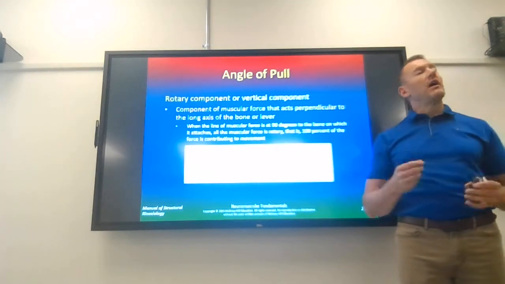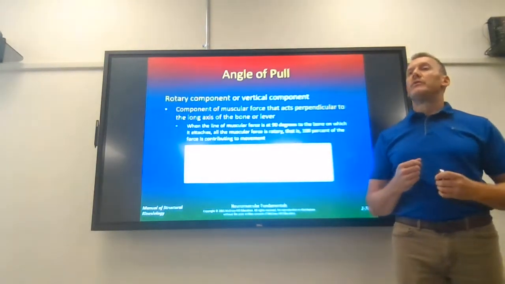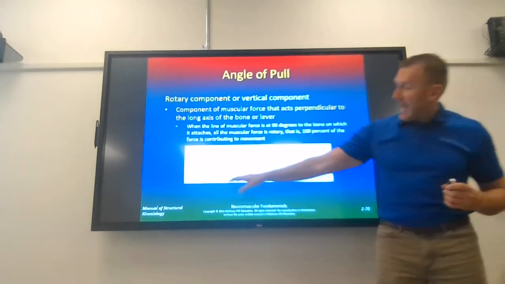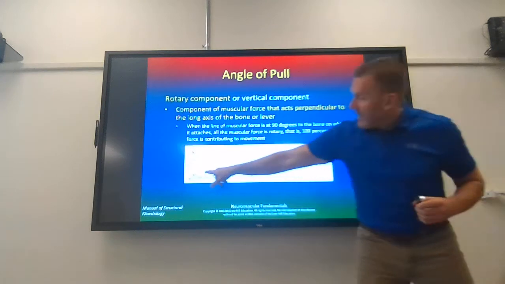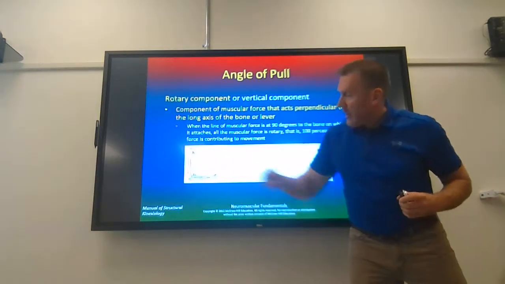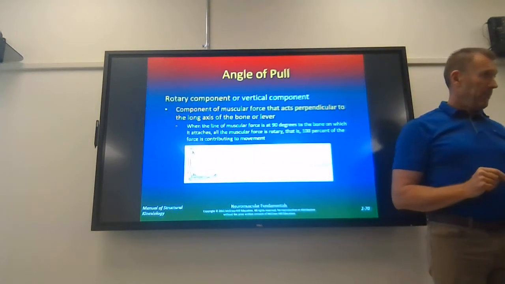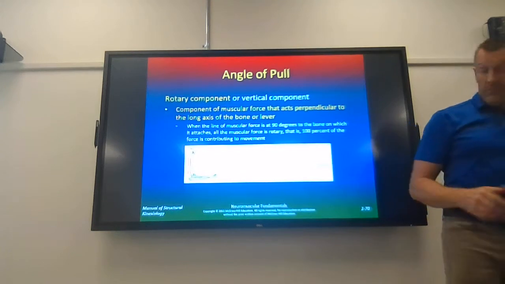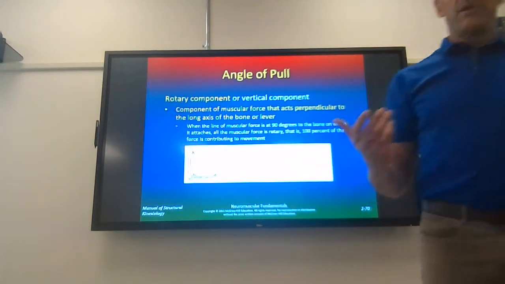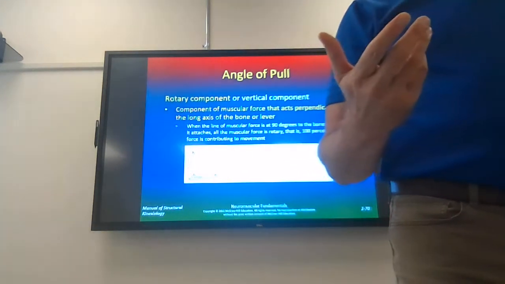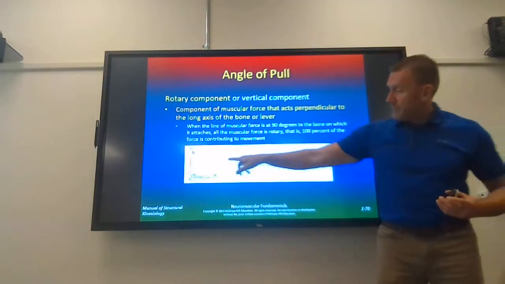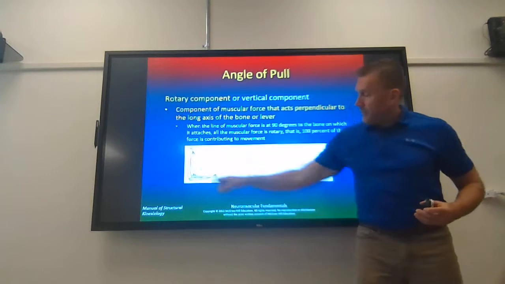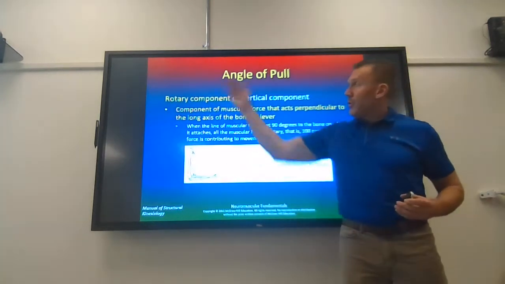So all of it, 100% of that muscular output from the biceps brachii is acting to flex the elbow joint when we have an angle of pull of 90 degrees. So that's another factor that can affect strength, because at some points during a range of movement, we're going to have a greater angle of pull, a greater rotary component.